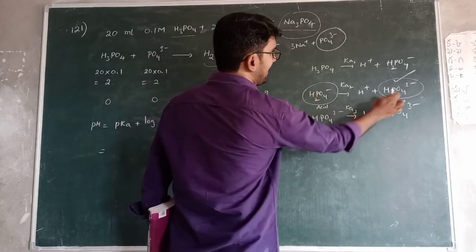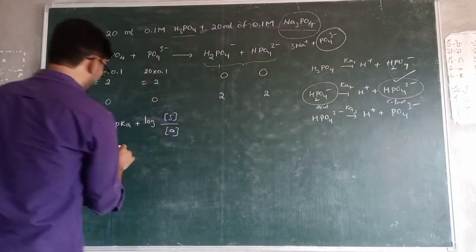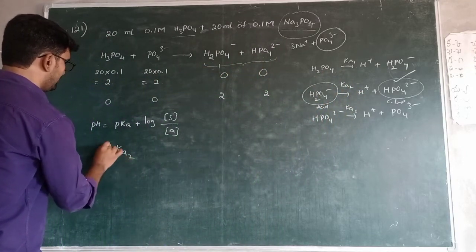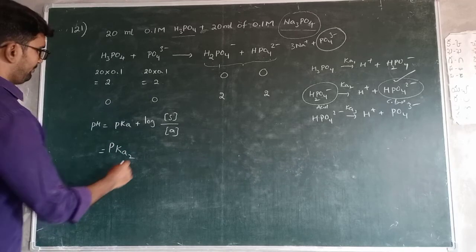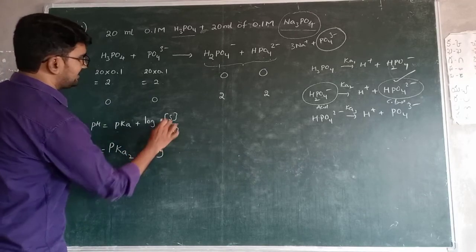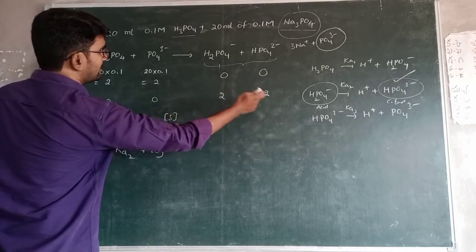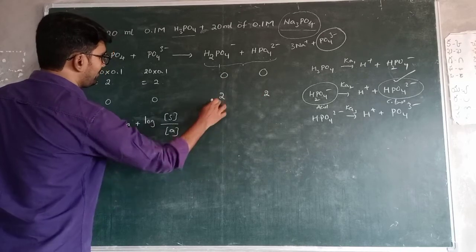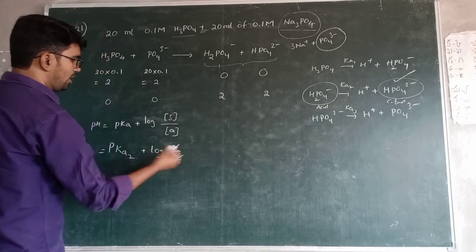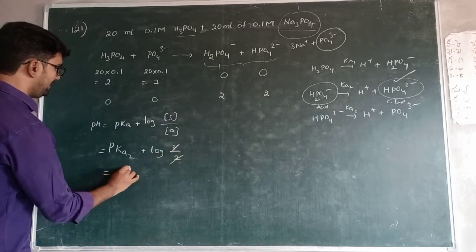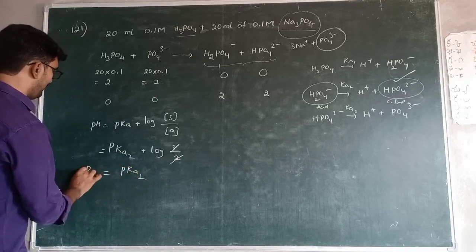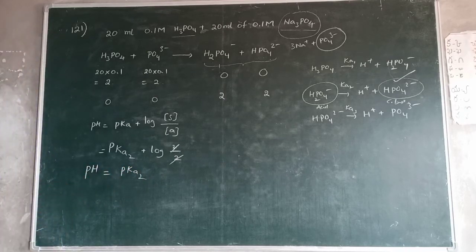The second reaction, so Ka2. This is pKa2 plus log concentration of salt, which is 2, by concentration of acid, 2. Cancel, log 1 is 0. So pH is equal to pKa2. This is the answer.